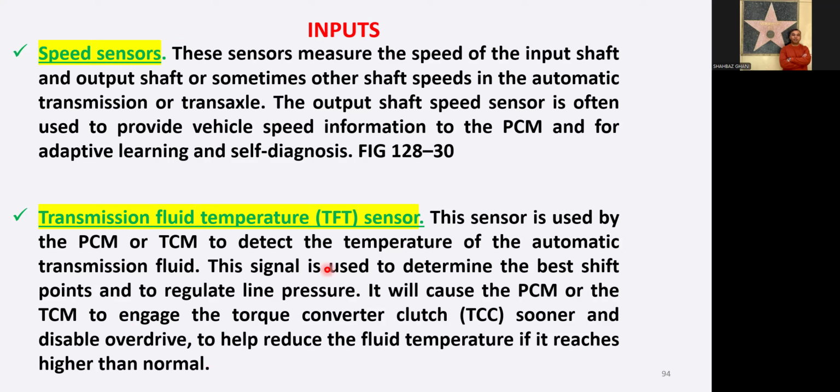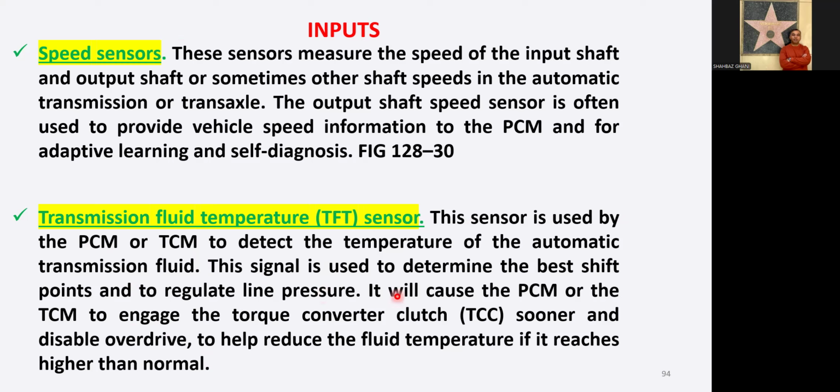So basically, this transmission fluid temperature sensor, TFT, is used by the PCM or the TCM to detect the temperature of the automatic transmission fluid. This signal is used to determine the best shift points and to regulate the line pressure, which is desired to be maintained in the planetary and the valve train mechanism.